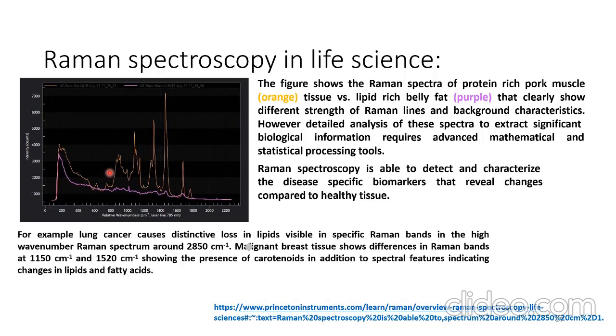It shows that the different strength of Raman lines and background characteristics can be checked. However, detailed analysis of these spectra to extract significant biological information requires advanced technical, mathematical, and processing tools. So the quantification will be difficult for this, but we can get an idea whether the material is there.